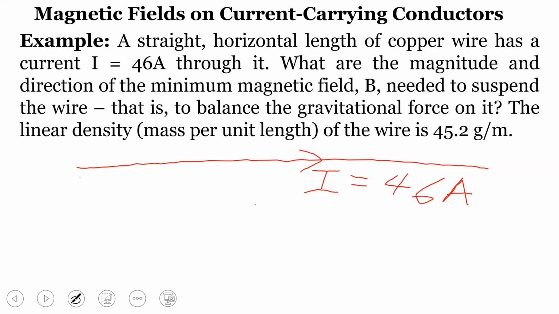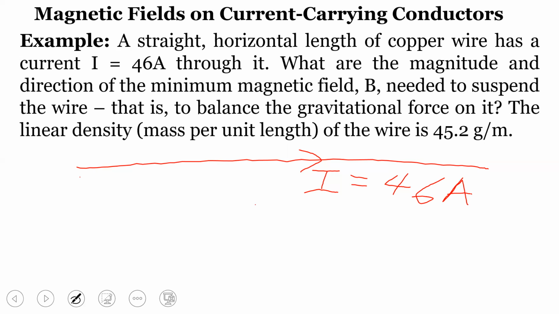Then what is the strength of that magnetic field that can suspend this wire? Then we should be interested in two things. The first is that what is the gravitational force that that length of wire is experiencing? And the second is that what is the magnetic force that that length of wire is experiencing?